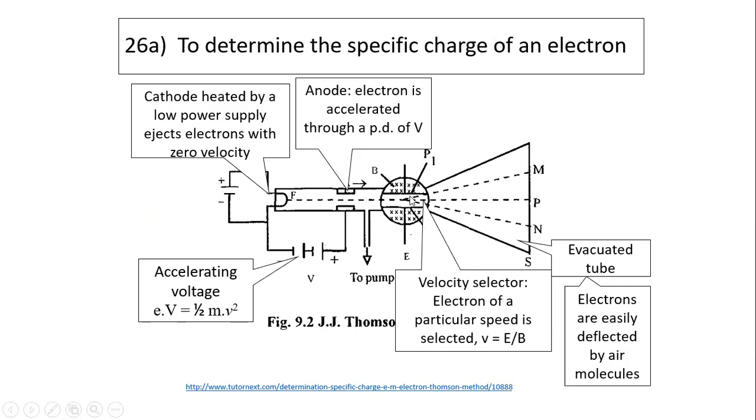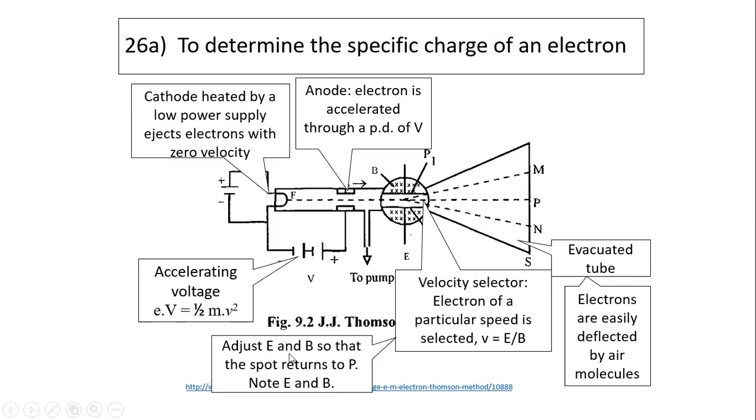First you switch off the electric field and magnetic field, and you see where the electron hits the screen, that's your point P. Then you turn the electric field on, and it gets deflected. Then you turn on the magnetic field and adjust until the spot comes back to P. From there, electric force equals magnetic force, and we get this formula.